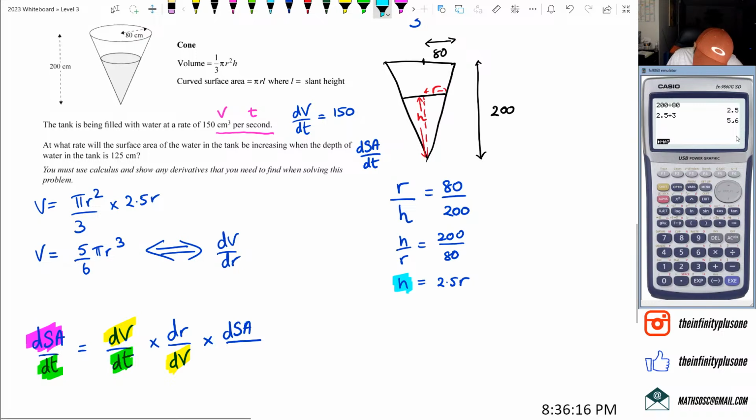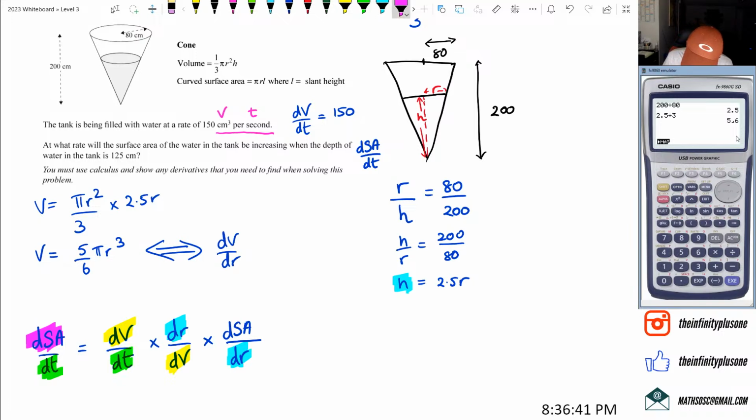Plus, I need to get rid of the dr, so I need to have dr in the denominator of this one. So this is a standard way of coming up with this equation for any kind of triple threat questions, right? You see what you've been given, what you're looking for, and what things you need to find to eliminate it. This is always the case with triple threat questions.